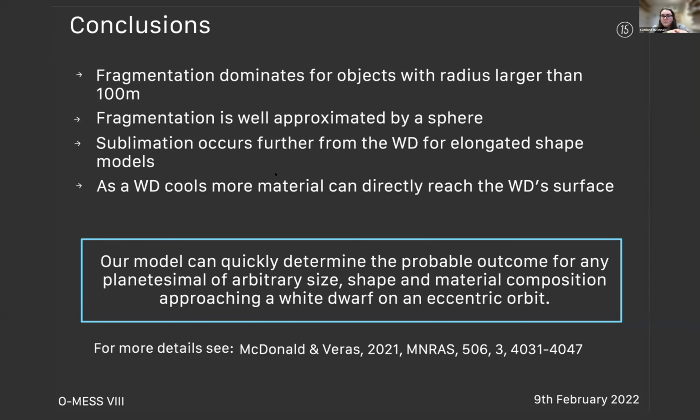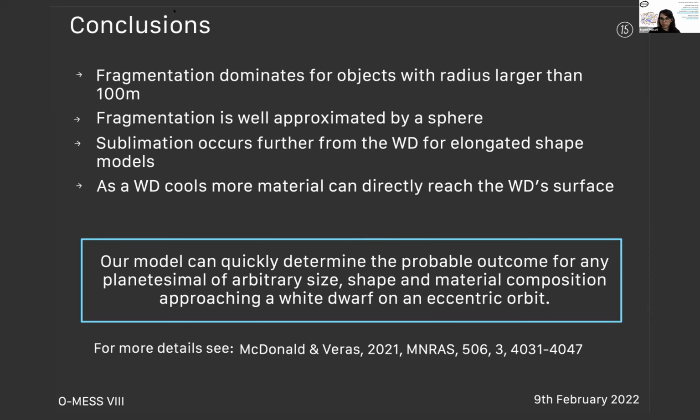So I would probably assume that more elongated shapes would spin up before they sublimate completely. So you would have that as an additional sort of disruption route for this model, definitely. Okay, cool, thank you.